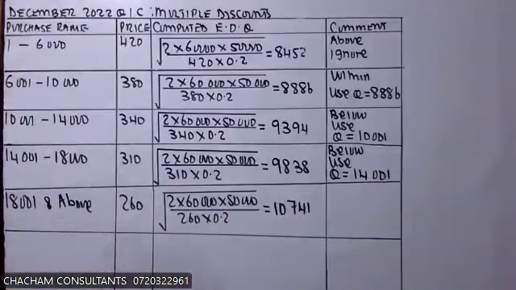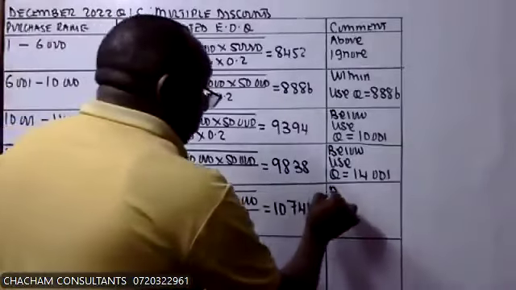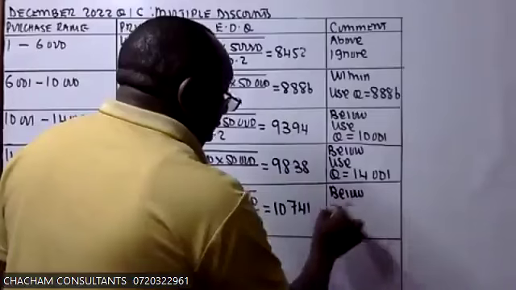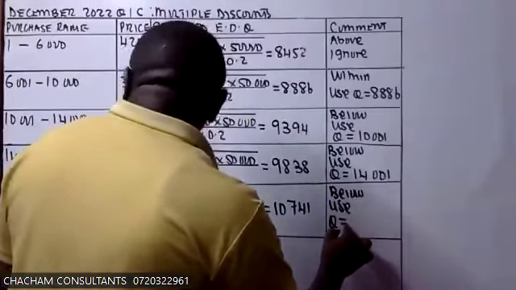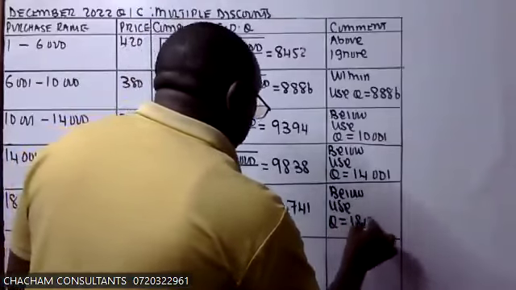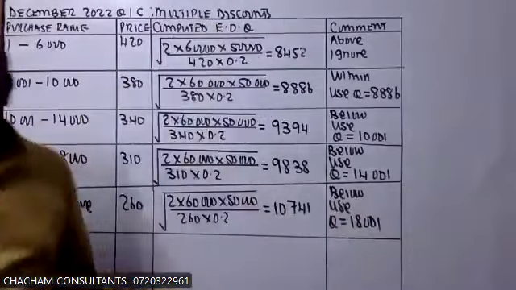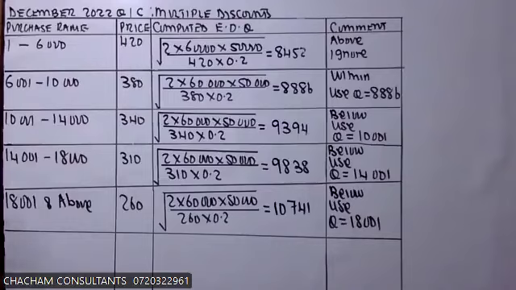So this one is also below. And if it is below, we are going to use Q as 18,001.